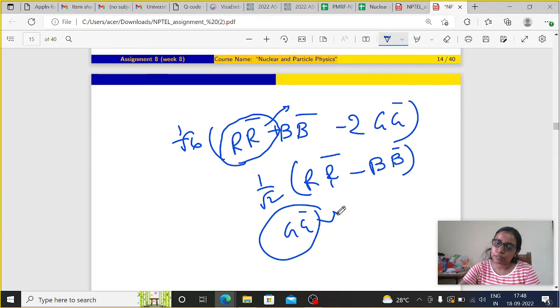Obviously G bar will be there, like R bar minus G bar or B bar minus G bar, there may be so many configurations. This type of configuration will all have a colored state, and they can all be described as a gluon. So these are the gluon colored configurations.